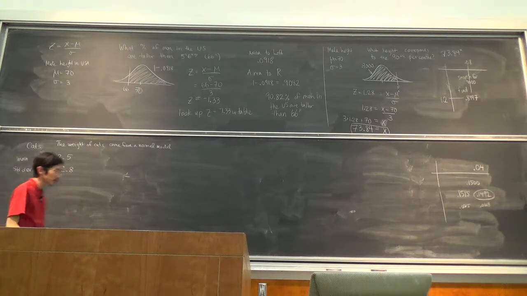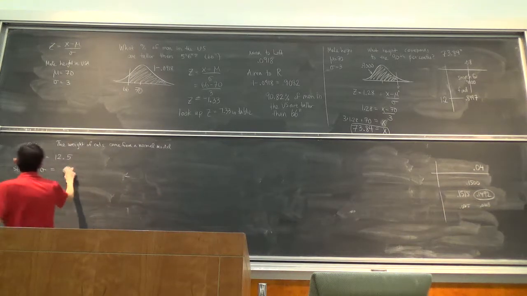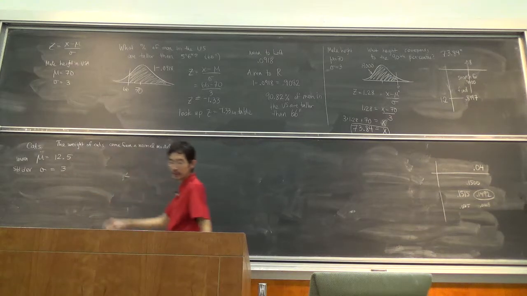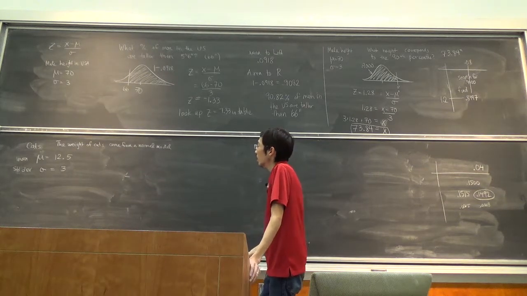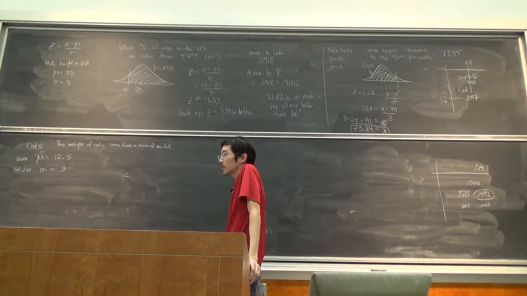We'll say more than that. We'll say 3 pounds. And it's really not a normal model, but it's good enough for this, okay? The weight of cats come from a normal model with mean mu 12.5 and standard deviation 3.